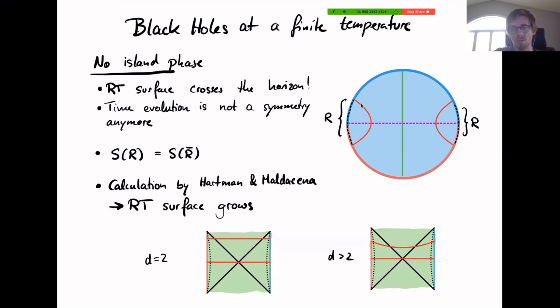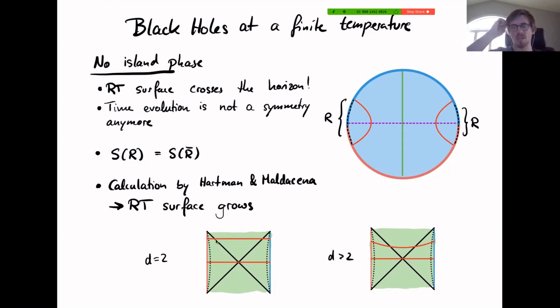Now, as time evolves forward, my RT surface goes up and up and up. This diagram also evolves with time, and you see that the cutoff retreats. So if I evaluate the area of my RT surface, it just grows. Another perhaps more physical point of view is that a lot of the RT surface is actually inside the black hole.